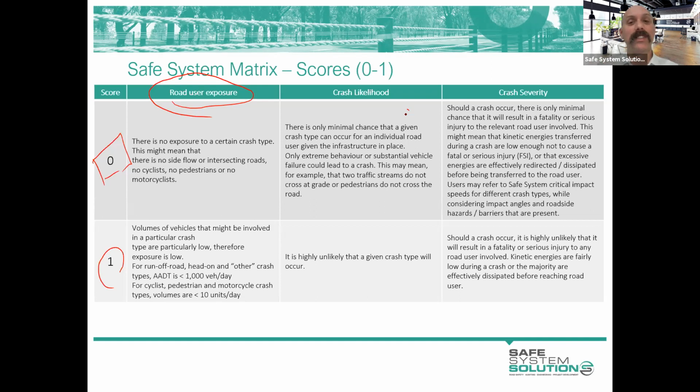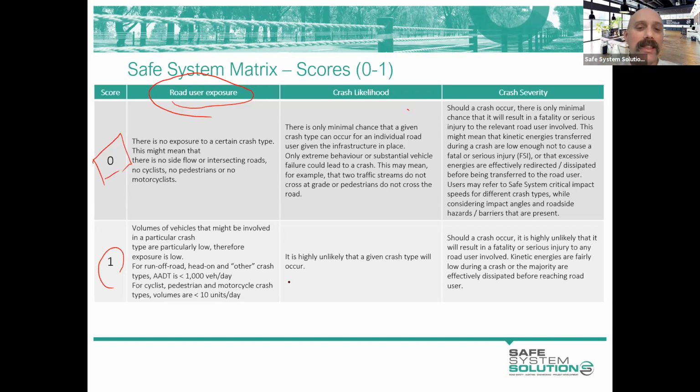And you might say, well, it's signalized, so that makes me want to make the likelihood score a little bit lower. And you say, but the signals are a bit hard to see on the approach, so that makes me want to make it a little bit higher. So you're dotting all through these different things for your likelihood score. Dot point them all out in terms of the ones that make you want to make that score higher and lower, and then you arrive at your score.